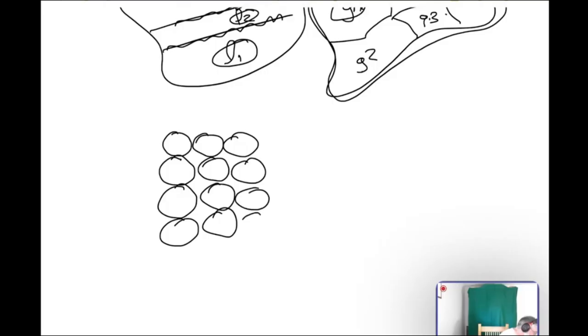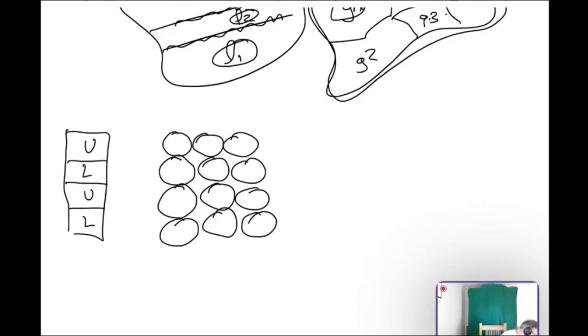And for illustration, let's conceptually do this. Lower, upper, lower, upper. We're going to make a collection of layers, and we're going to make the balls in here part of group L, and the balls in here part of group U. Okay.